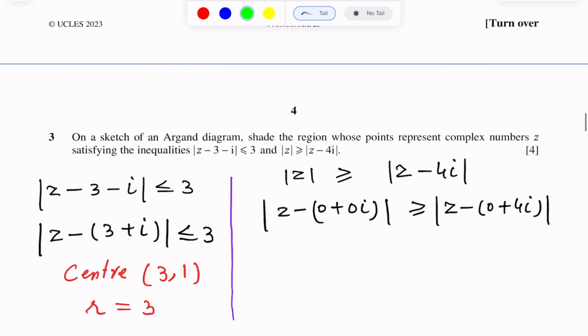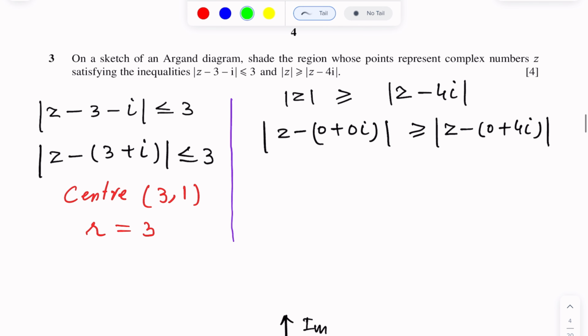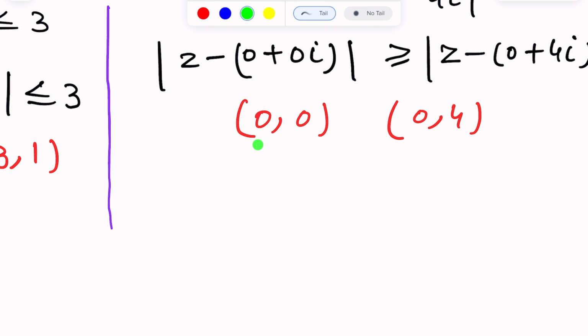So the points are (0, 0) and (0, 4). We locate these 2 points, then we will take the perpendicular bisector of the line joining these 2 points.